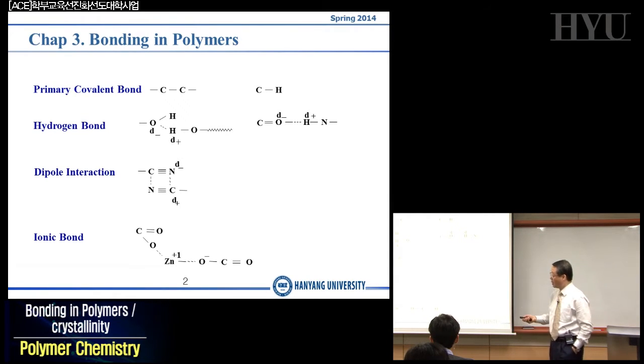We have ionic bonds, ion-ion interactions, if it includes metal ions in your polymeric chains. We have talked about acrylic acid. Acrylic acid has a carboxylic acid in the side chain.